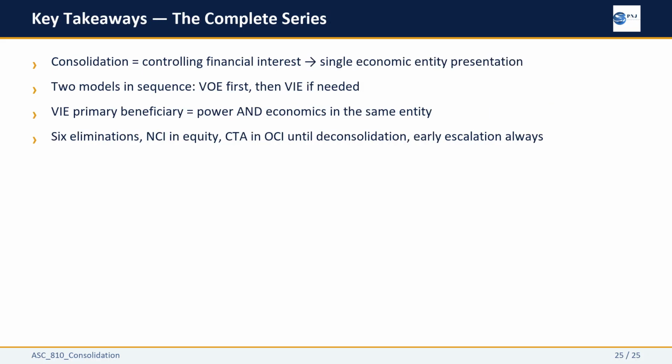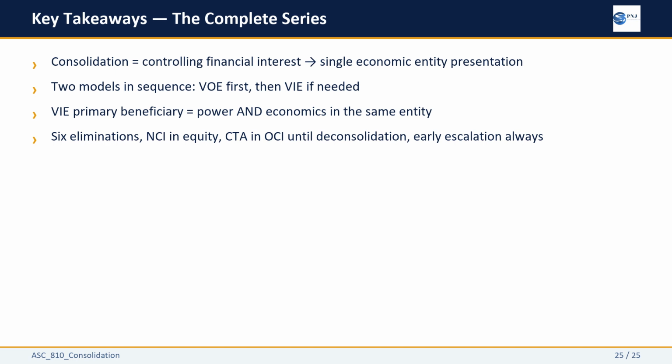Here is what to carry from the complete series. Consolidation exists to present a corporate group as a single economic entity, and it is triggered by the existence of a controlling financial interest. The 2-model framework tests that question: VOE first, VIE if needed. The VIE primary beneficiary test requires both power and economics in the same entity.